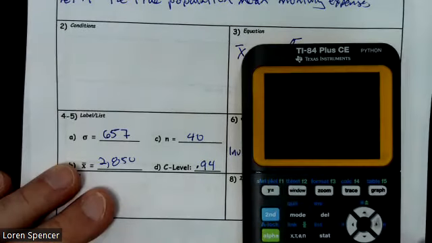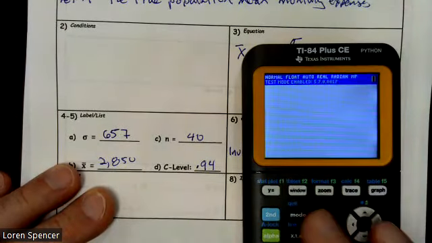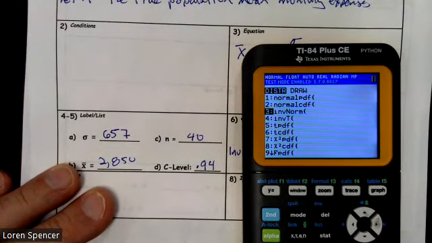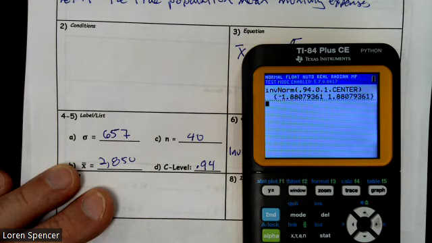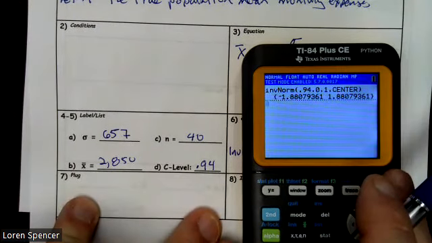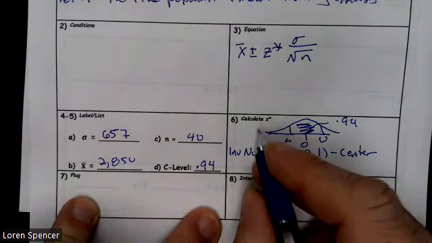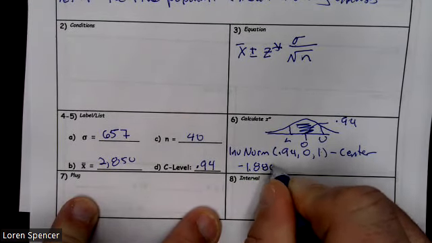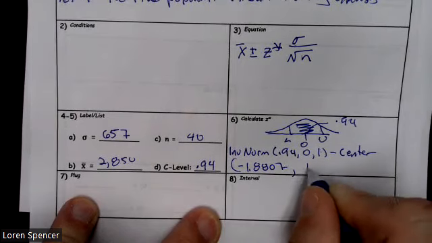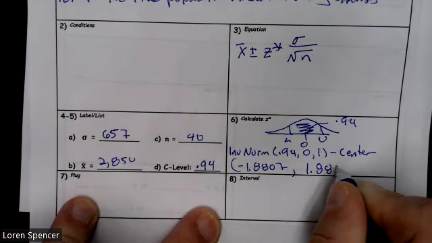Second vars, inverse norm, area is 0.94, mean is 0, standard deviation of 1, make sure we're centered. And we calculate and we get negative 1.8807 to 1.8807.